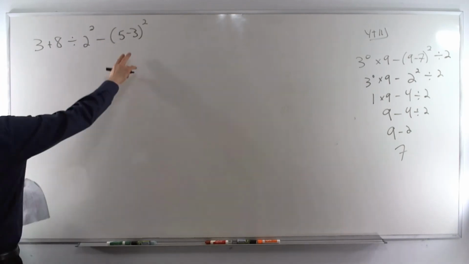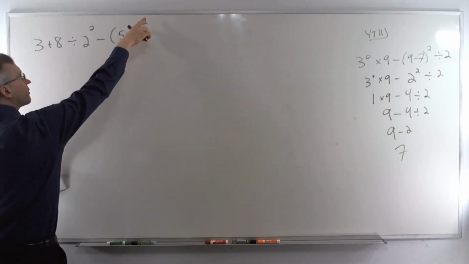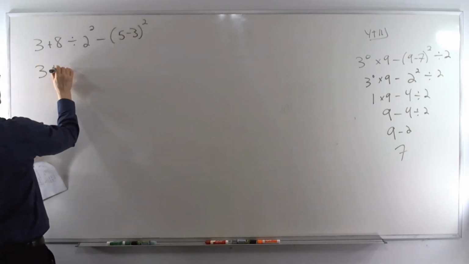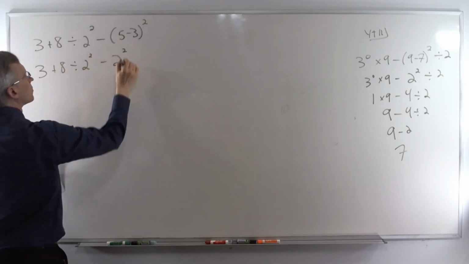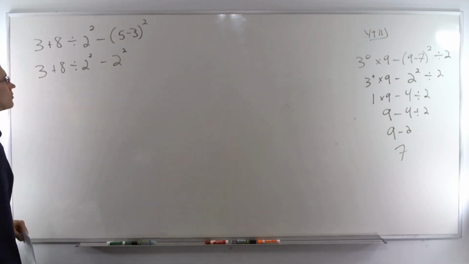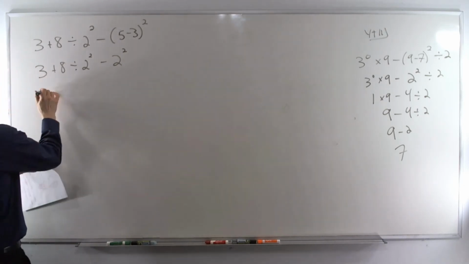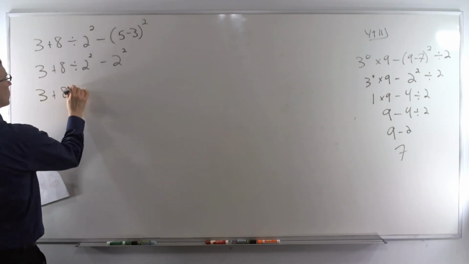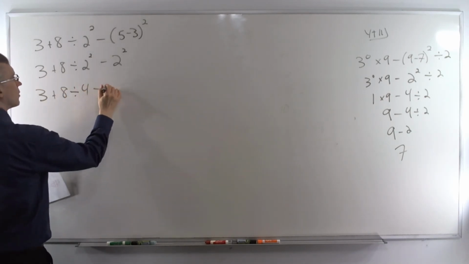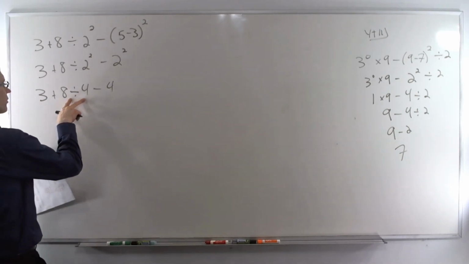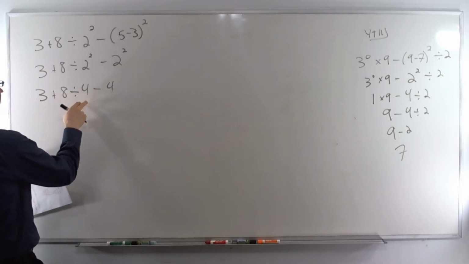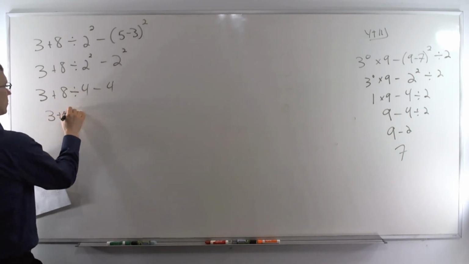So starting within the parentheses, 5 minus 3 gives us 2, so we're going to have 2 squared down on the end. Now we'll do the exponents. So 4 is for both of those. All right, now we've got multiplication and division. There's only one of those right here in the middle. 8 divided by 4. And that is 2.